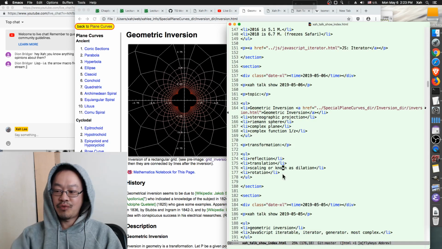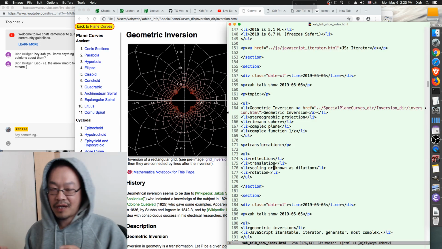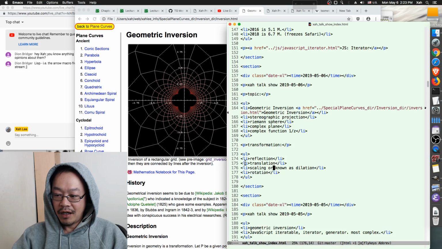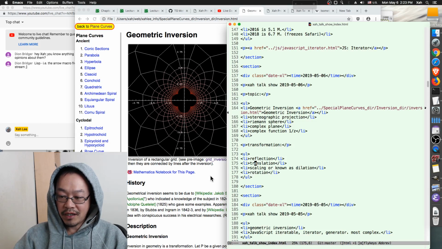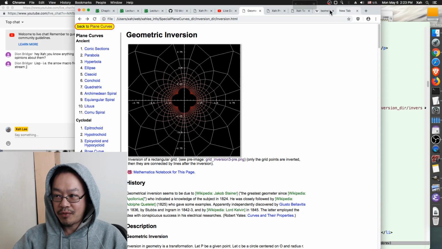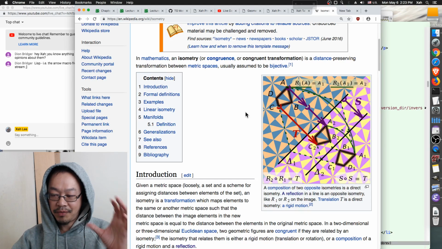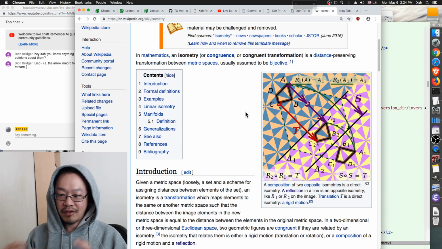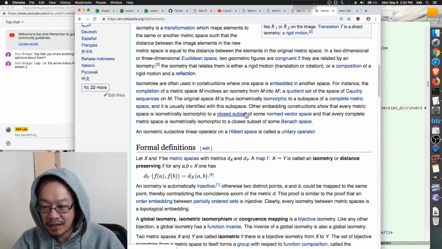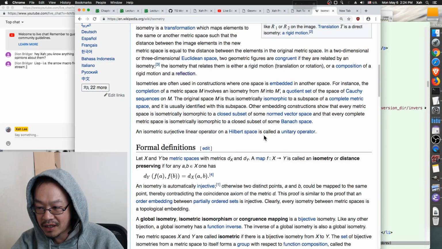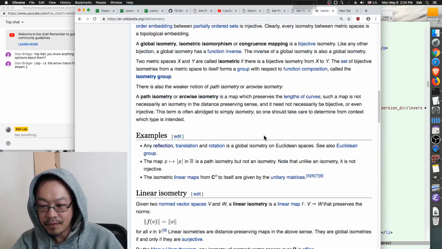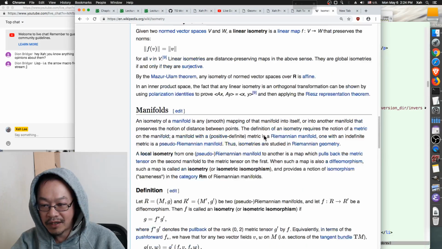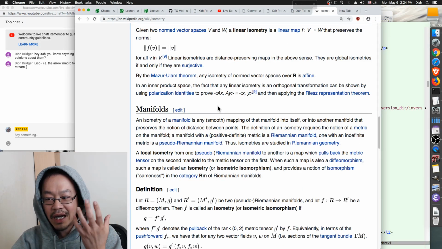But like I mentioned before, this is an example of a transformation, just like reflection, translation, scaling, and rotation are transformations. Those transformations are called isometry, like we talked about, because they are distance preserving transformations.